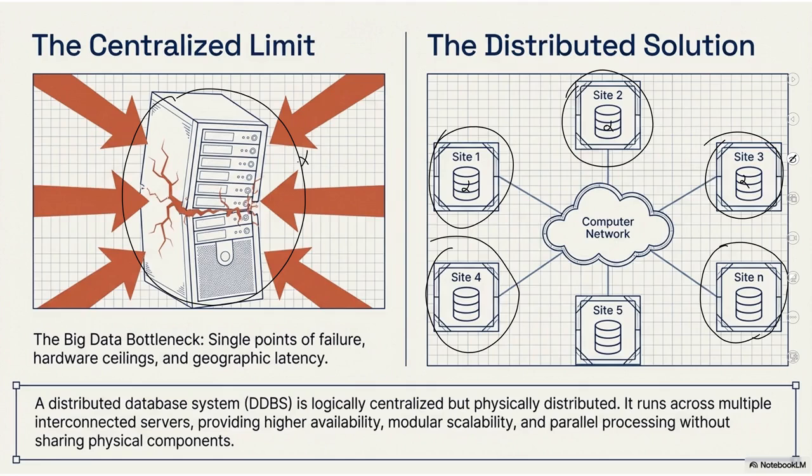So the clear point: the distributed database system is logically centralized but physically distributed. It runs across multiple integrated servers, providing higher availability, modular scalability, and parallel processing without sharing physical components.